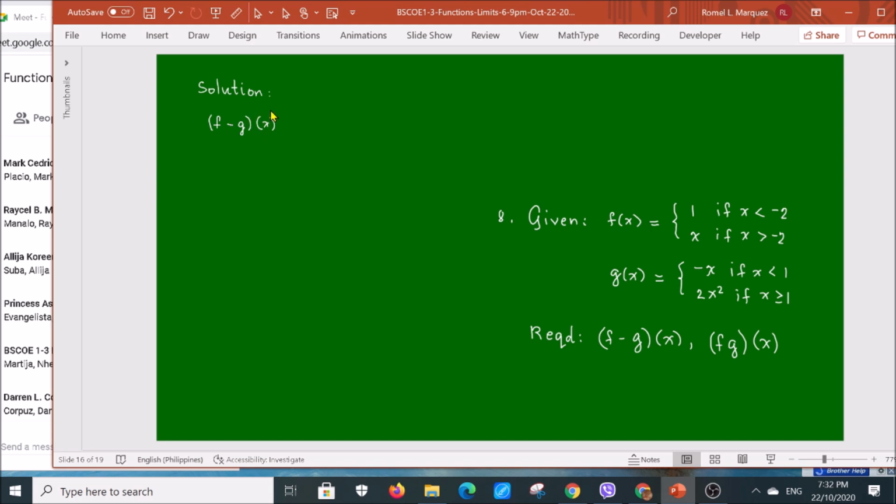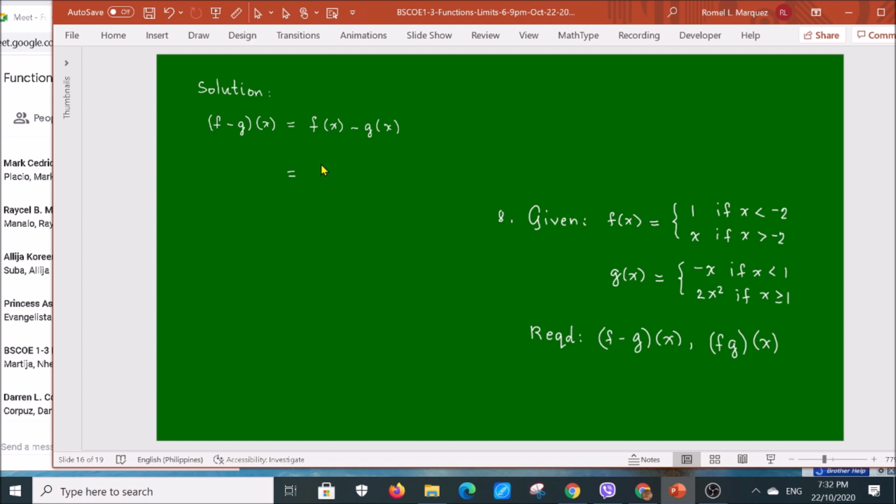Now, f minus g of x is equal to f of x minus g of x. That is how the difference f minus g is defined. But what is f of x? f of x is 1 if x is less than negative 2, and x if x is greater than negative 2. So I am supposed to subtract g of x from it, no?